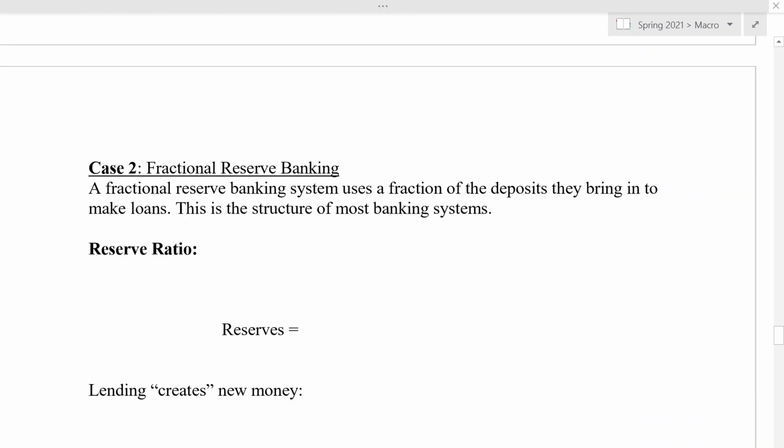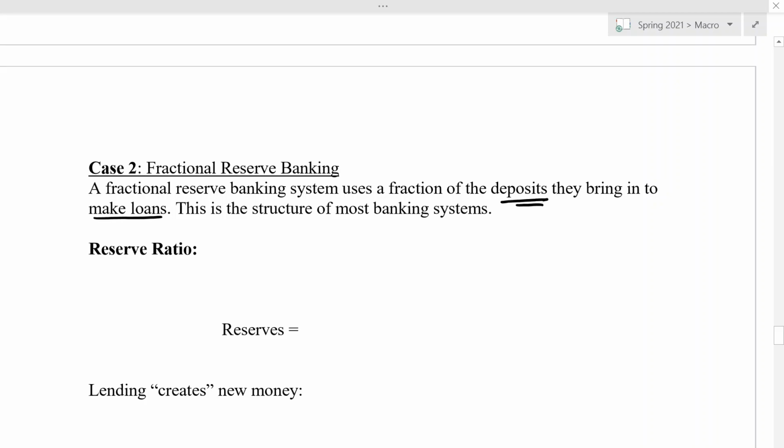So, how does this work? Well, the bank keeps some of the deposits in their vault, but then they use the rest and they make loans. And so the amount, the fraction of deposits that they hold in reserves, that's the reserve ratio, and then the rest is the loans.